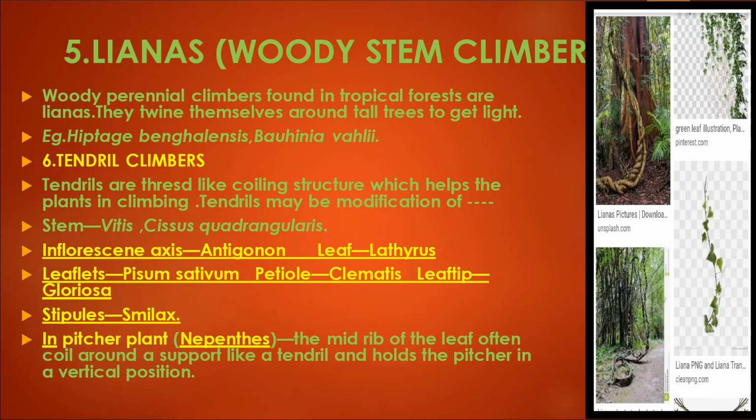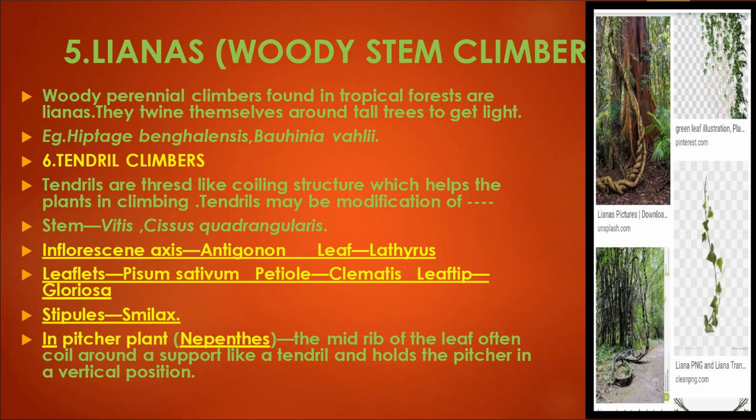Tendril climbers. Tendrils are thread-like coiling structures which help the plant to climb. The tendrils may be modifications of a stem, as in Vitis and Cissus quadrangularis. It may be the modification of the inflorescence axis in Antigonon, modification of leaf into tendril in Lathyrus, modification of leaflet in Pisum sativum, modification of petiole into tendril in Clematis, and modification of the leaf tip into tendril in Gloriosa.